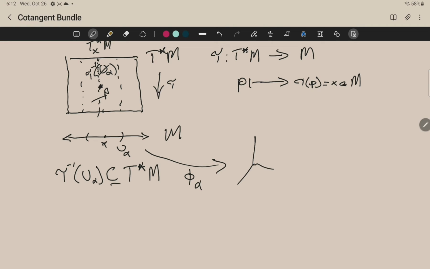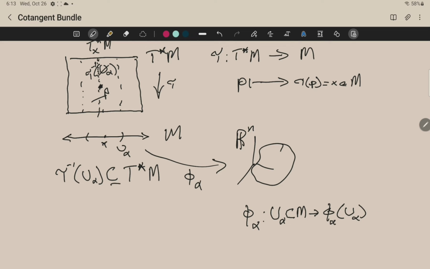We have a chart that can map that into Rn, from U of alpha, a subset of the manifold, into phi of U of alpha, which is a subset of Rn.